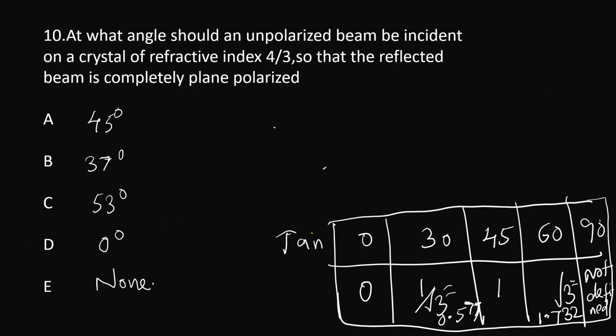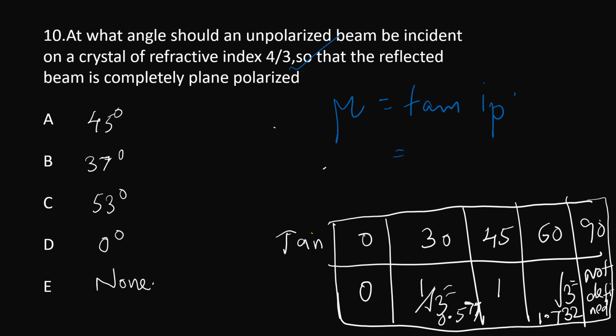At what angle should an unpolarized beam be incident on a crystal of refractive index 4 by 3 so that the reflected beam is completely polarized? By Brewster's law, we can write refractive index μ = tan IP, where IP is Brewster's angle.